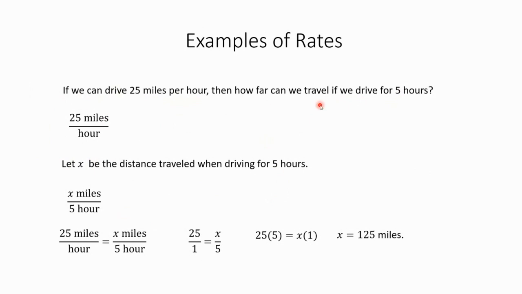Now, what about the other rate? Well, we want to know how far we can travel if we drive for 5 hours. So what I'm going to do is this. I'm going to write let x be how far we can drive if we're driving for 5 hours. That's our unknown.